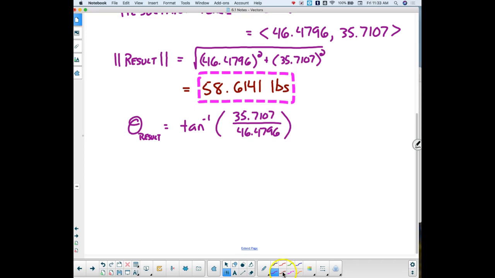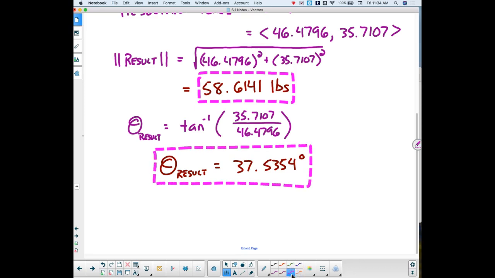So I get that my direction angle is 37.5354 degrees. Okay?